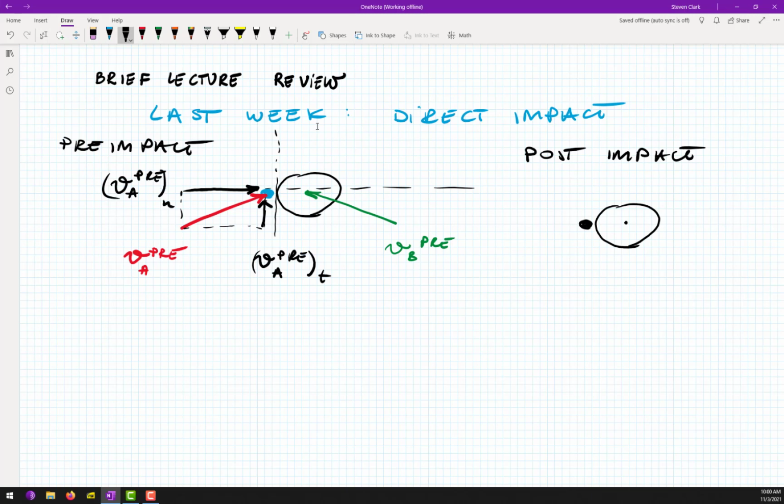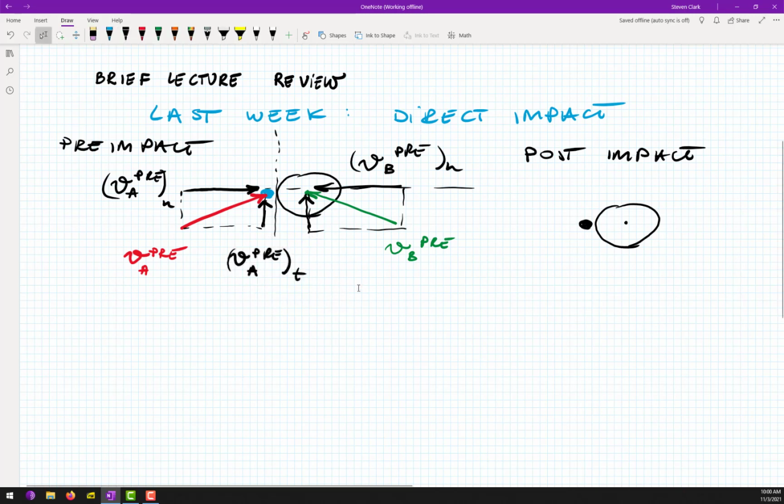And we'll have an analogical situation here. VB pre normal and tangential.